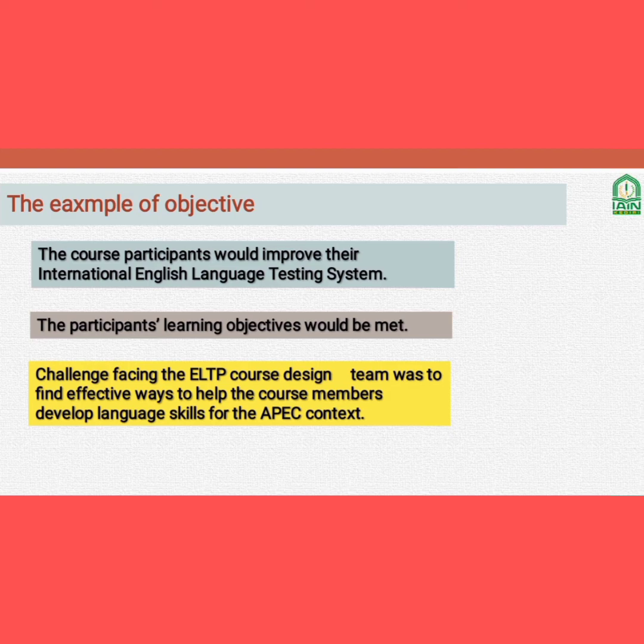First, the course participants will improve their International English Language Testing System overall test course scores by between a half band and one band from the starting point, between 4.0 and 5.0 for the first group and 5.0 and 7.0.